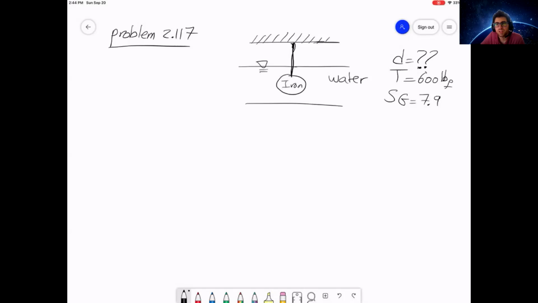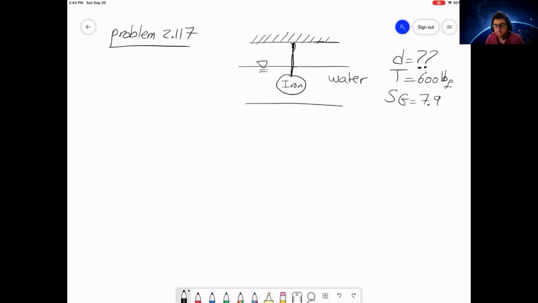Well, I'm going to tell you from now. We're dealing with buoyancy here. We're dealing with a buoyant force, right? Because it's completely submerged in water, and of course the water has a buoyant force on the iron, pushing it up. And how would you approach this problem then?